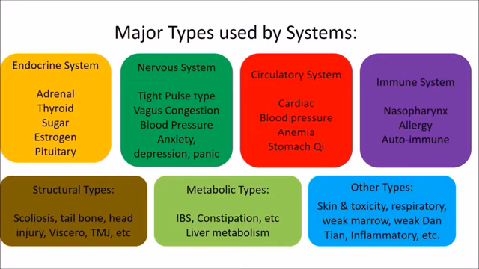What is essential to a type is that we can identify it in some manner, be it via the pulse, the abdominal findings, Western diagnosis, a set of symptoms, whatever. It is also essential that we have a set of treatment points to address that type. Otherwise, it is basically useless. There's no point in classifying a patient as type X if we have no way to treat it.